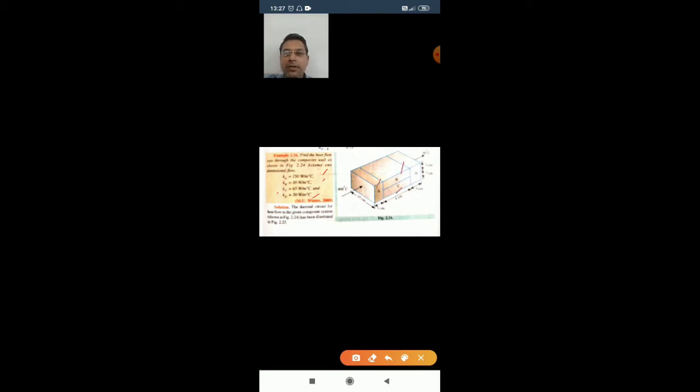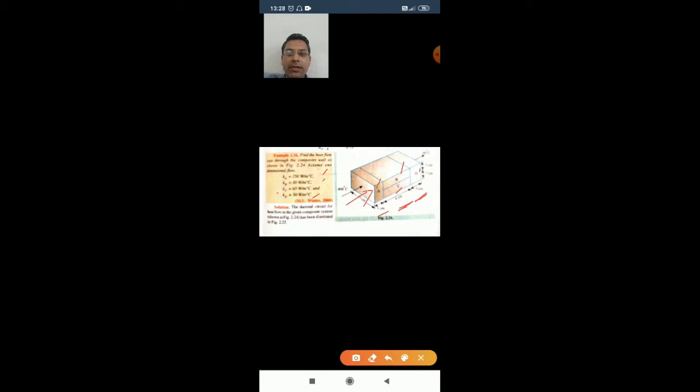This one, this and this, and the dimensions are also given, that is their thickness. Length of A is given as 3 centimeter, of B and C is given to be 8 centimeter, and for D it is 5 centimeter. Now as I said earlier, heat transfer is always perpendicular or normal to the area, therefore this is the heat transfer direction, and the area considered for A will be 10 into 10 centimeter square.